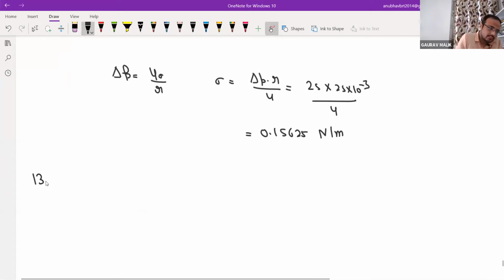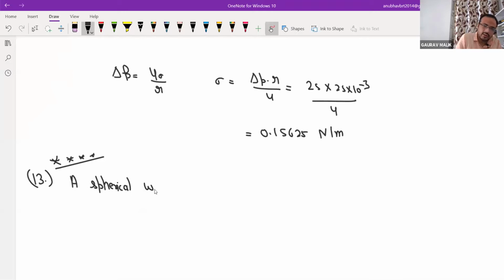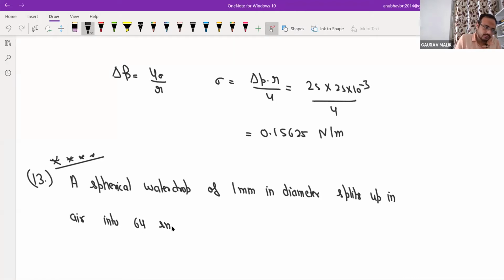Question number 30. A very wonderful question. A spherical water drop of 1 millimeter in diameter splits up in air into 64 smaller drops of equal size.